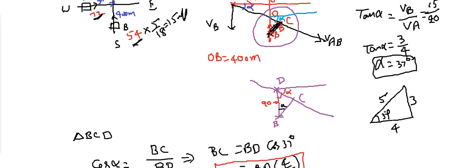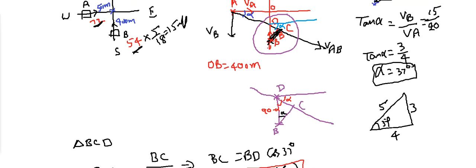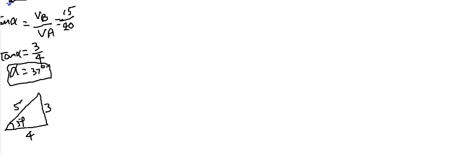Now, let us take another triangle here. AOD. I am redrawing the triangle AOD. Point A, this is the origin point O, and this point is D. This is our angle alpha or 37 degree. This is known, 500 meters. So I want to calculate this opposite side OD.